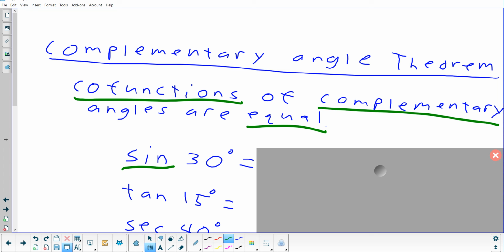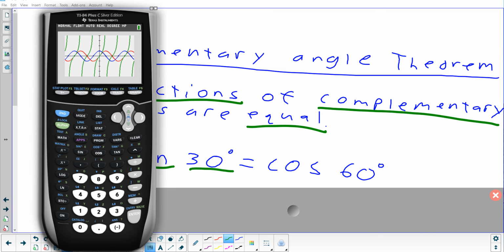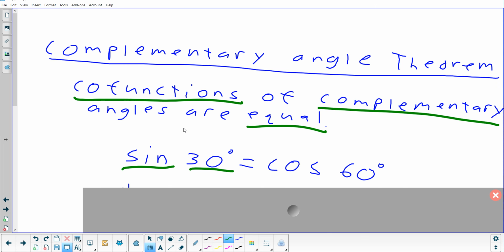Yep, cosine. And what's the complement of that? 60. So if you type that in on your calculator, the sine of 30, cosine of 60, you get exactly the same thing. They're both 0.5. I didn't really care that they're 0.5. I wanted to show you that they're the same. From now on, I don't care what they come out to. I just care that they're the same.